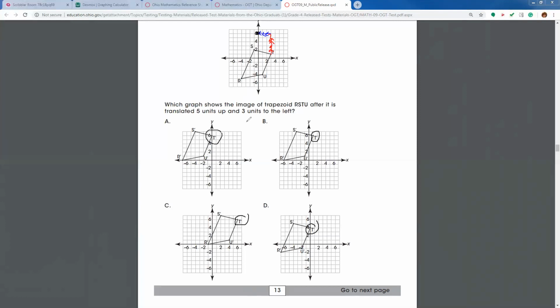So like I said, I like to focus on the 1 point because a lot of these could have been the answer. A, B, and D all moved up and left. They all went in the right direction, just not the right amount of spaces. At the beginning, you could say C is definitely not it. It went to the right.